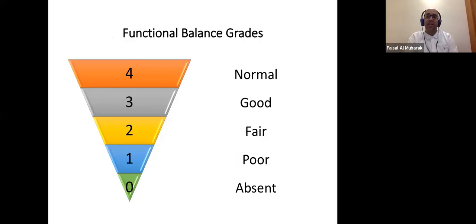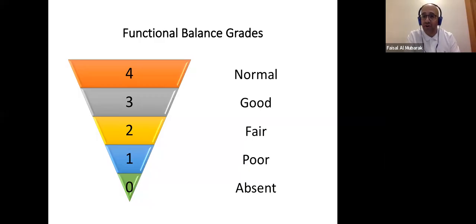4 and 3 are when the patient is moving from point A to point B without an assistive device. If a patient can walk without an assistive device, you put them in either 4 or 3.